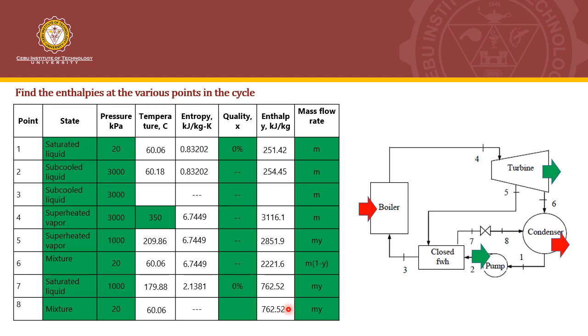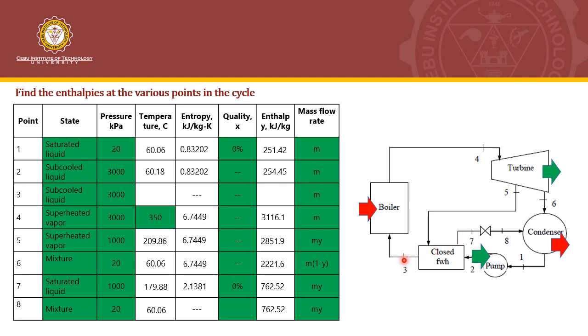So if you're going to examine, we do not have the value of the enthalpy at point 3. But the key to determining the value at point 3 is that the temperatures of the liquid leaving at point 3 and point 7 will be designed such that they will be equal.